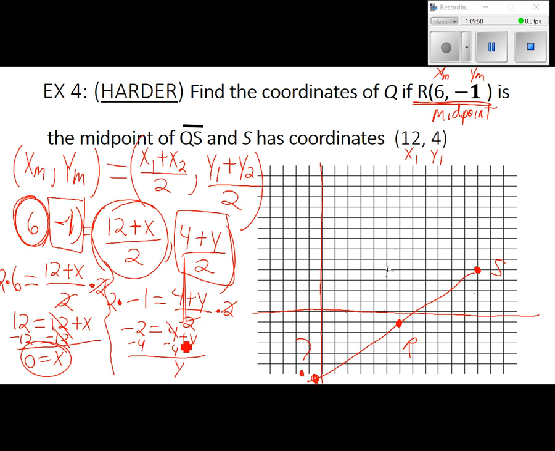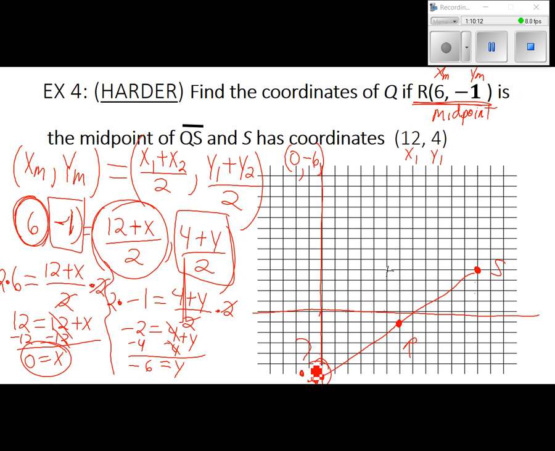These cancel out. What's Y equal? So what point is our other endpoint? 0, -6. So 0, 1, 2, 3, 4, 5, 6. That's the point we were looking for.